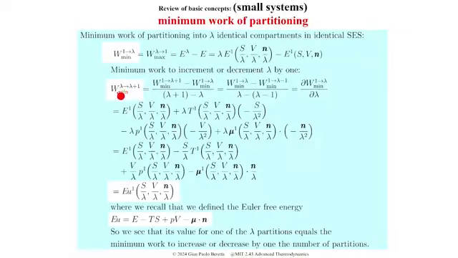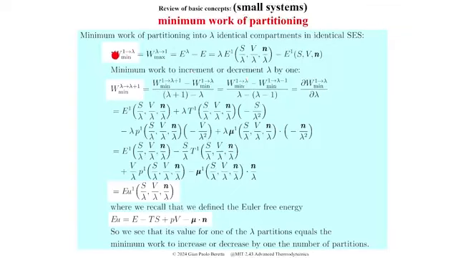But with that understanding, if you see this work, it's essentially the work of going to lambda plus 1 minus the work of going to lambda partitions divided by 1, and this is a fancy way of writing 1. But to make this ratio look like the partial derivative of W with respect to lambda.